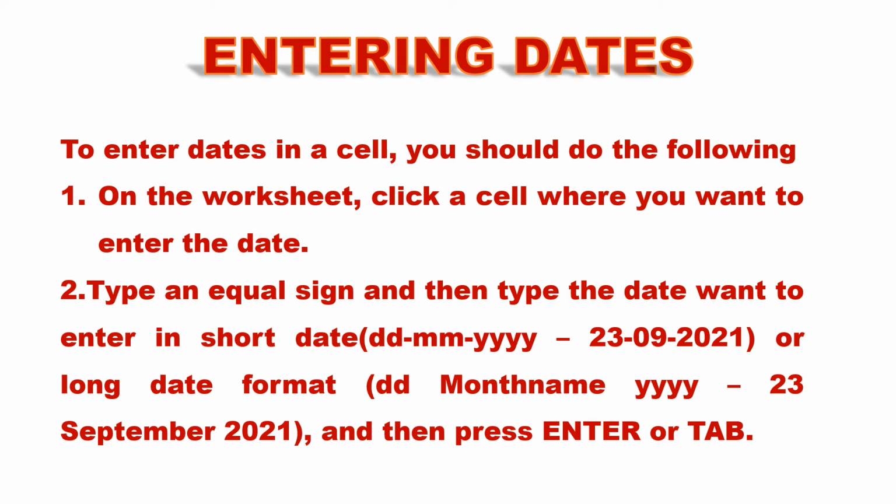The long format of date has 2 digits representing the day. The month will be represented as a string. The name of the month will be given and following that we will have a 4-digit year.